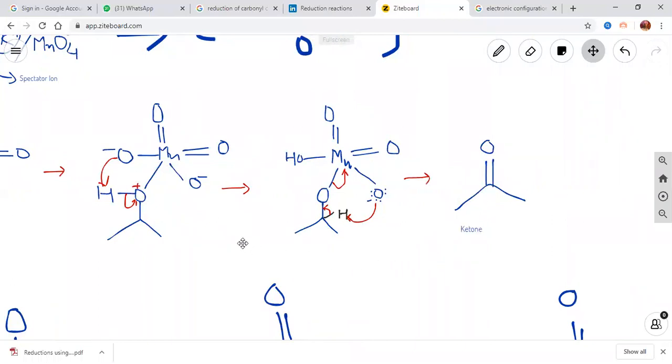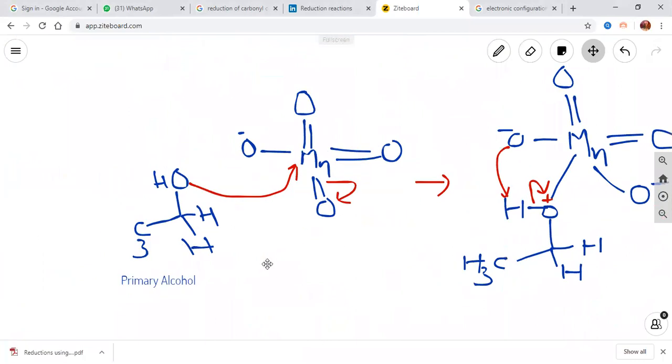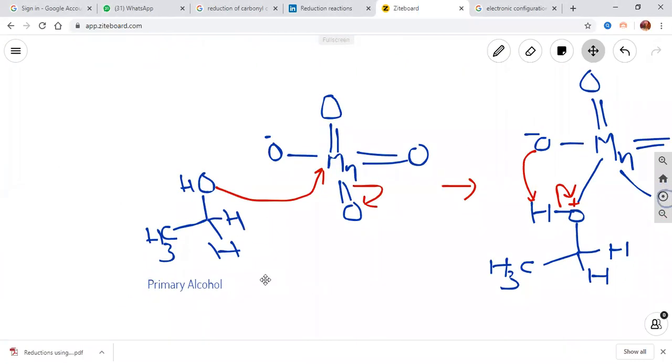Okay. Now we come to primary alcohols. This is our primary alcohol.